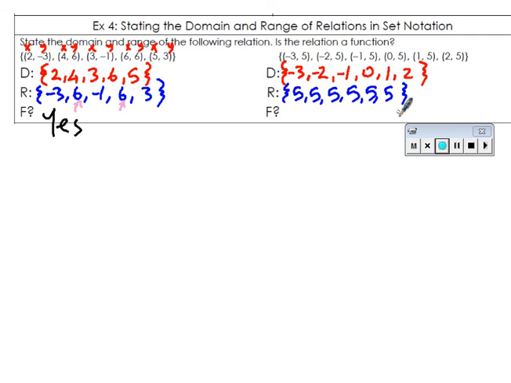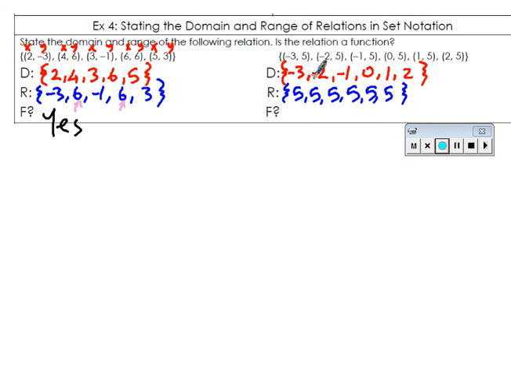In order for this to be a function, we should be pairing every domain value with one range value. Each of the domain values is matched with 5. 5 can repeat, it's okay, it's the domain values that shouldn't repeat.